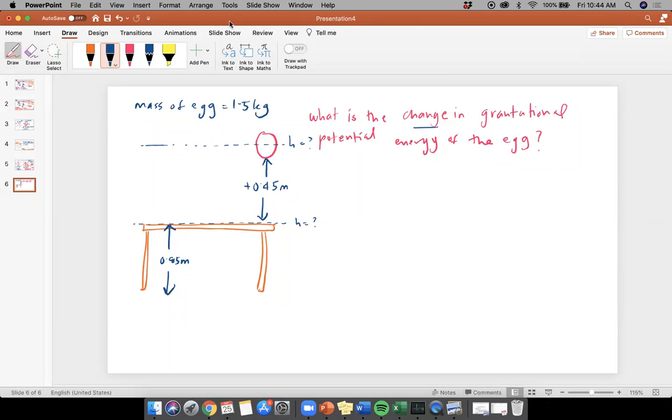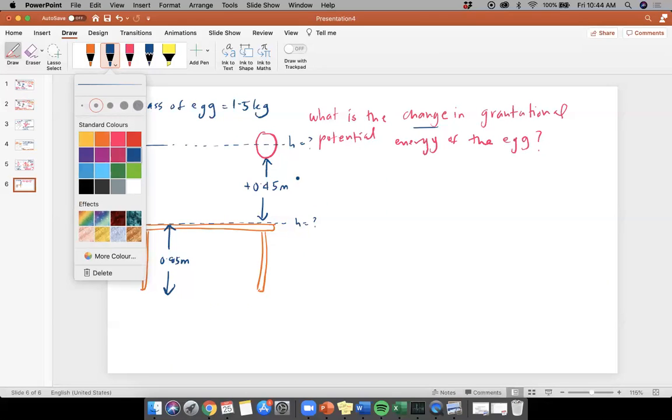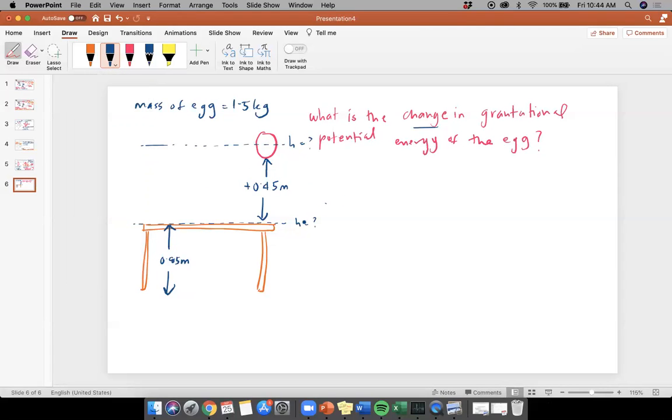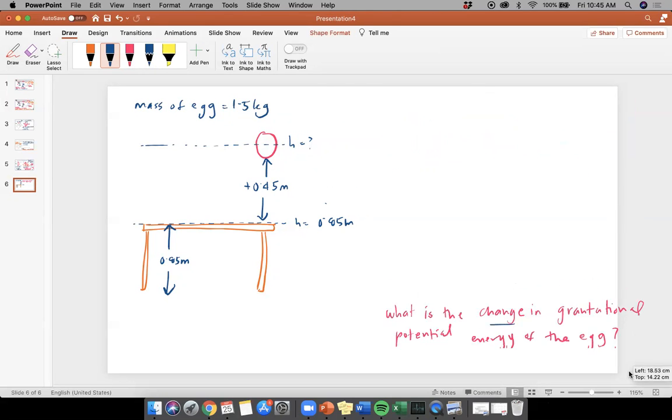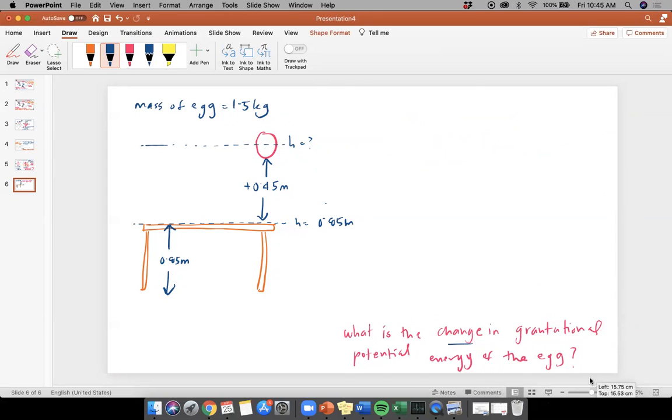Okay, let's try that. Syakirin said calculate mgh for both heights and then subtract. So my h is 0.85 meter, and the h over here is, wait, oops, sorry, that was loud. There's a gravitational potential energy of the egg.